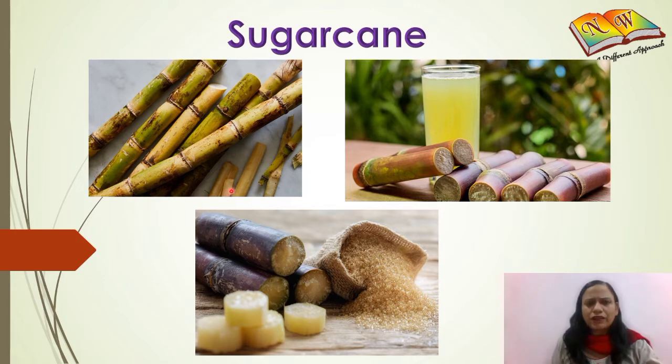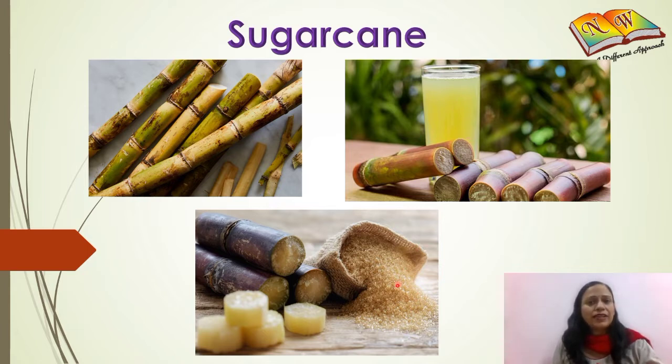So which part of the sugarcane do you think is edible and what are the various purposes it is used for? You must have had sugarcane juice at various times, especially during the summer months, and it is truly refreshing. So yes, the stem of the sugarcane is crushed to extract that juice, which gives us comfort in the hot and sultry summers.